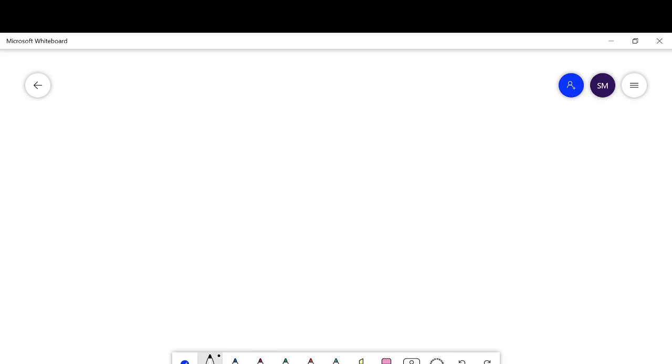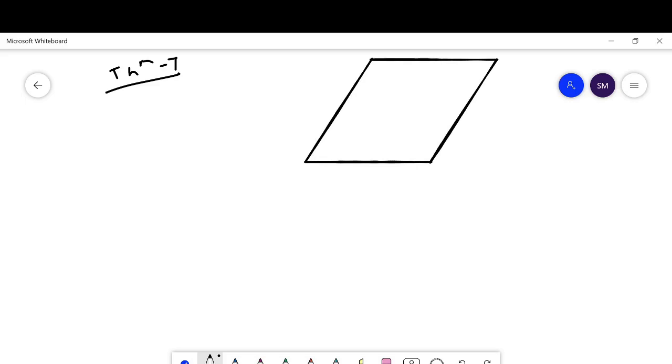the angle bisectors of a parallelogram form a rectangle. Here ABCD is a parallelogram, and the angle bisectors of the parallelogram are AO and BO.